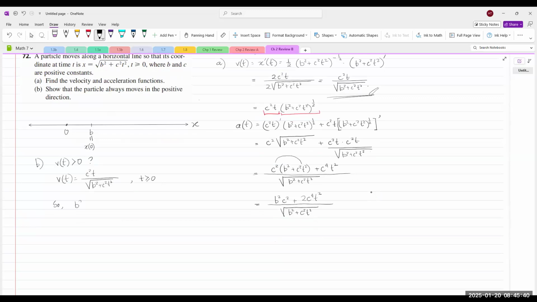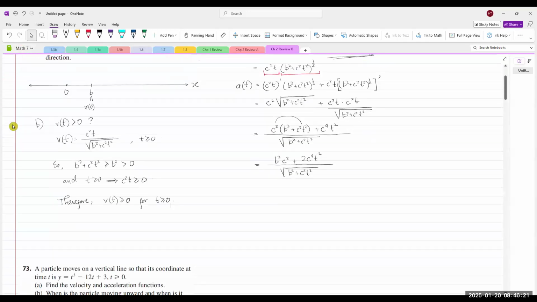Notice that b squared plus c squared t squared is always at least b squared, which is positive. And since t is at least 0, then c squared t is also at least 0. So consequently, therefore, the velocity is non-negative for t at least 0.